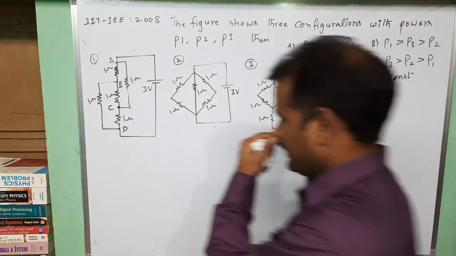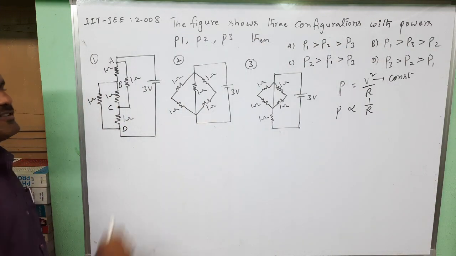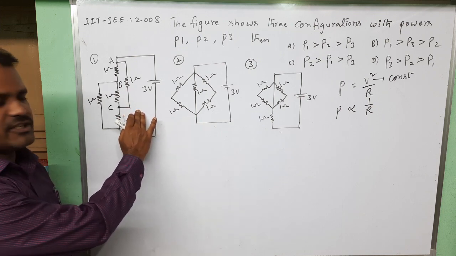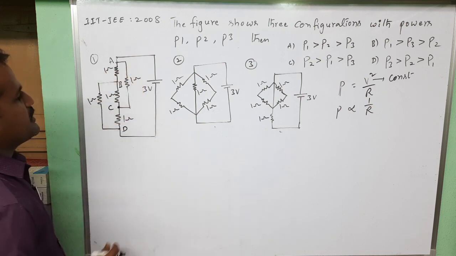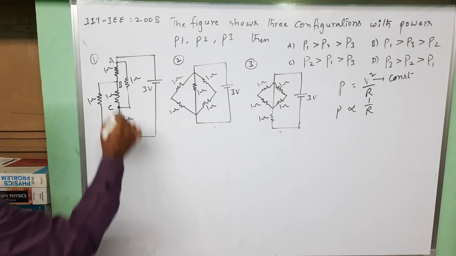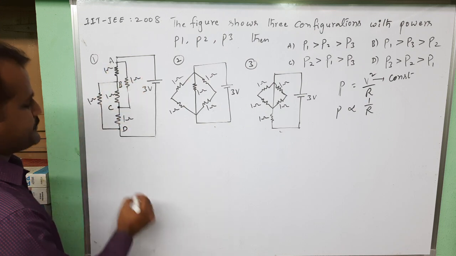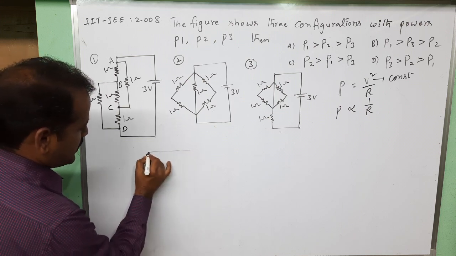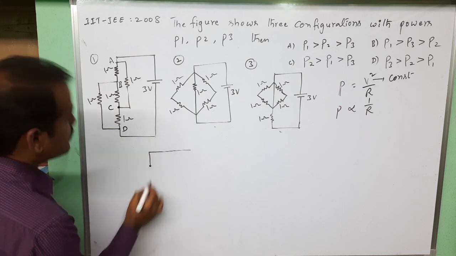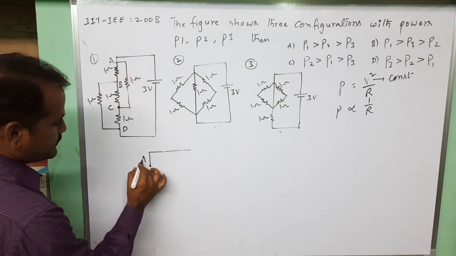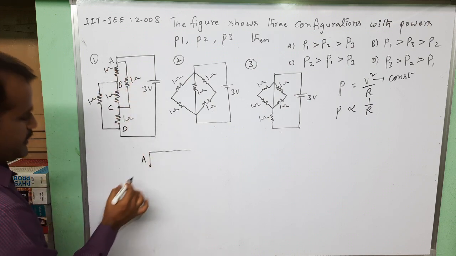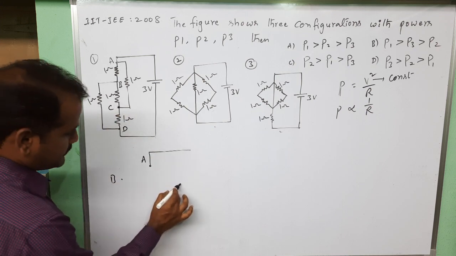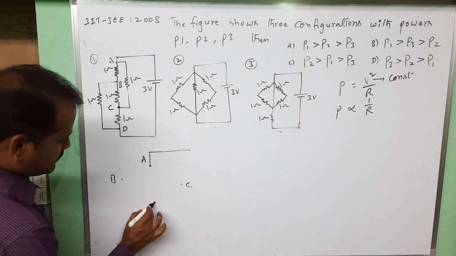Let us see the equivalent resistance calculations for these three configurations. First, how to calculate the equivalent resistance for this configuration? I am taking this circuit and plotting it like this. First terminal A, and B, and C this side and D this side.